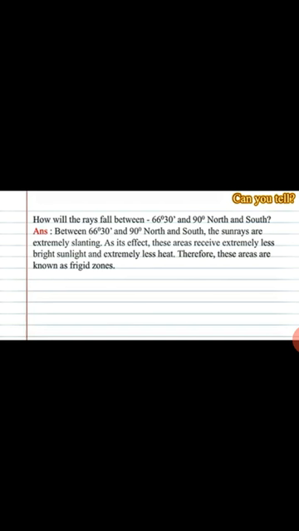As its effect, these areas receive extremely less sunlight and extremely less heat. Therefore, these areas are known as the frigid zone. Okay, students, it means polar region, right? That is the coolest region. Okay.